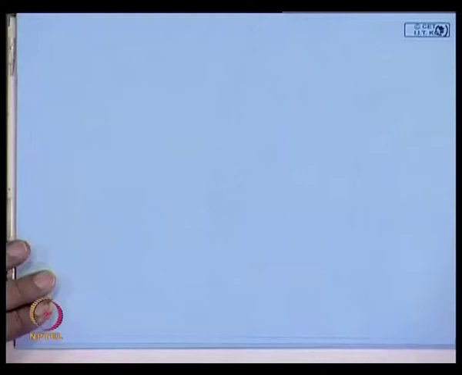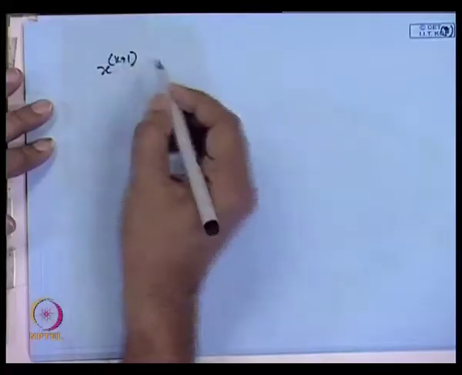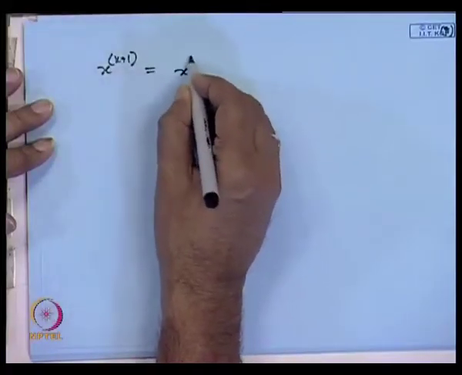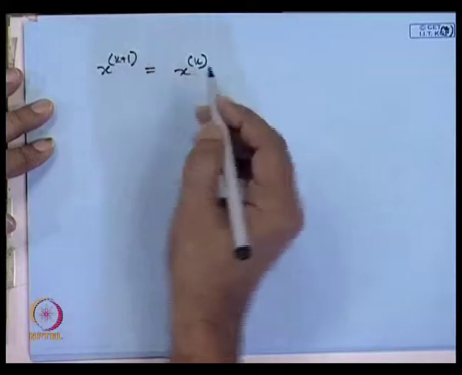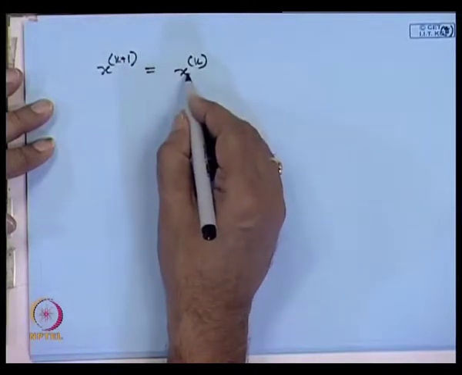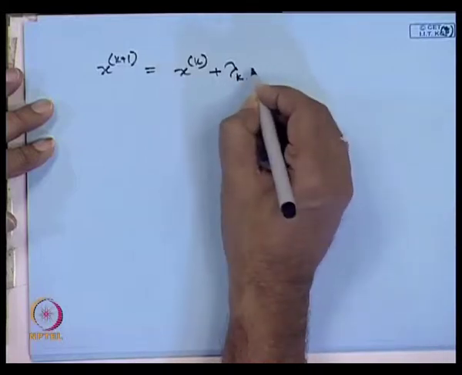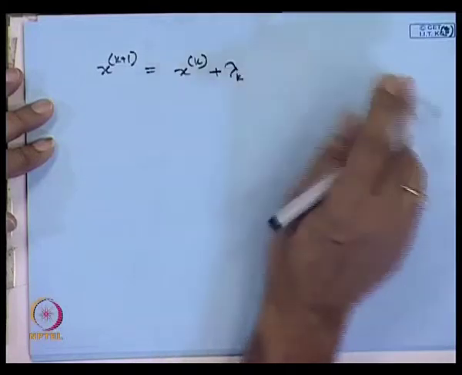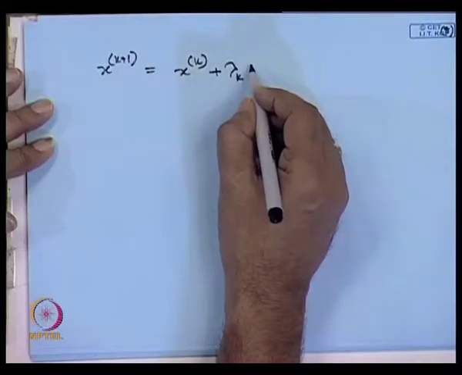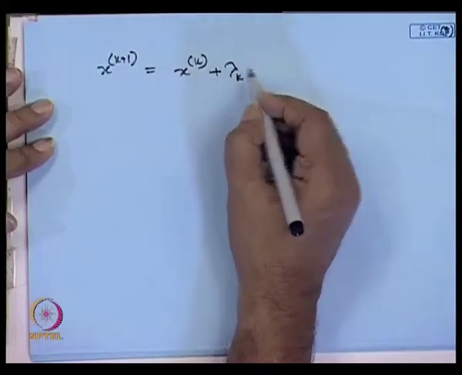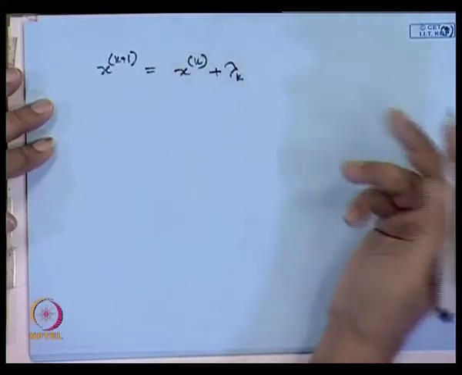So what we are doing here: the decision variable at the (k plus 1)th iteration is equal to the kth iteration decision variable plus lambda k, the step size in that descent direction, which you have to find as an optimal step size, as we have shown you how to find.